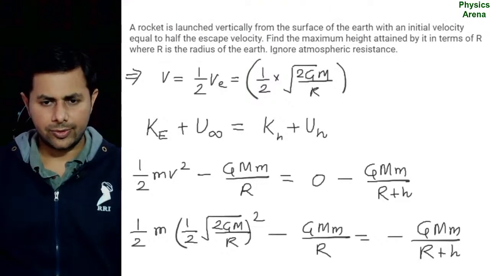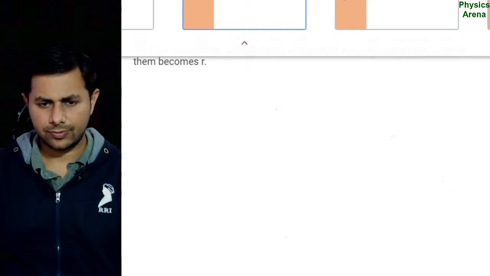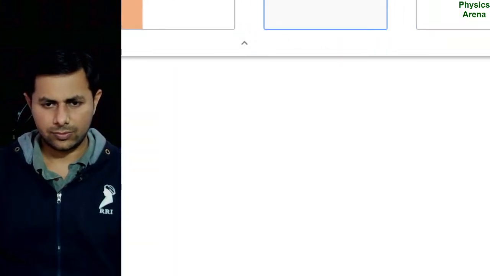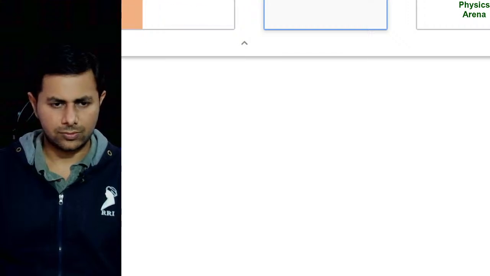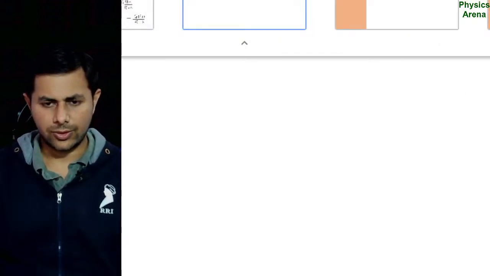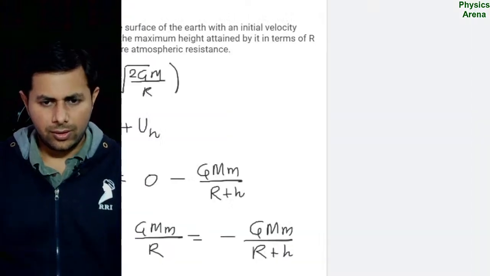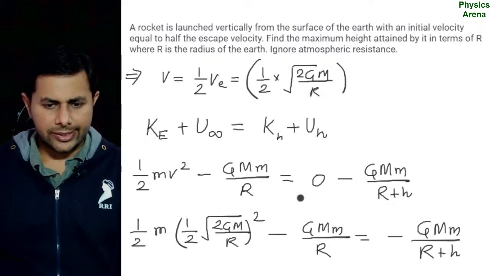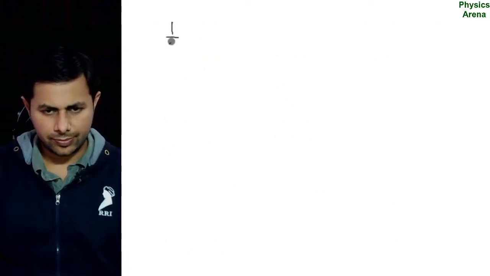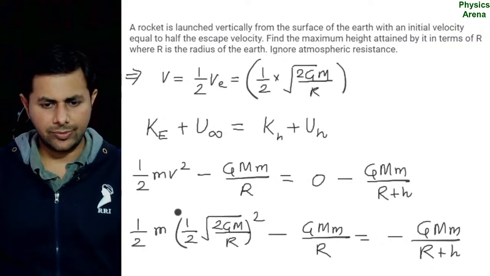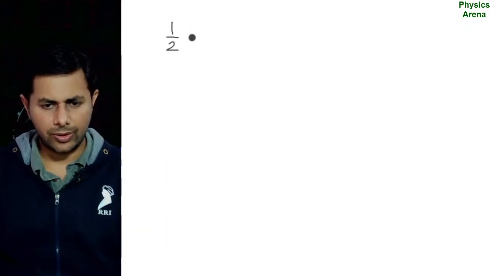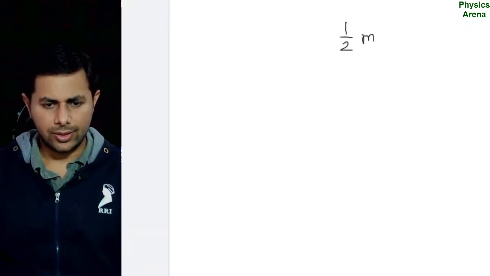Okay, so let's square this. We have half of m times the square of this thing.